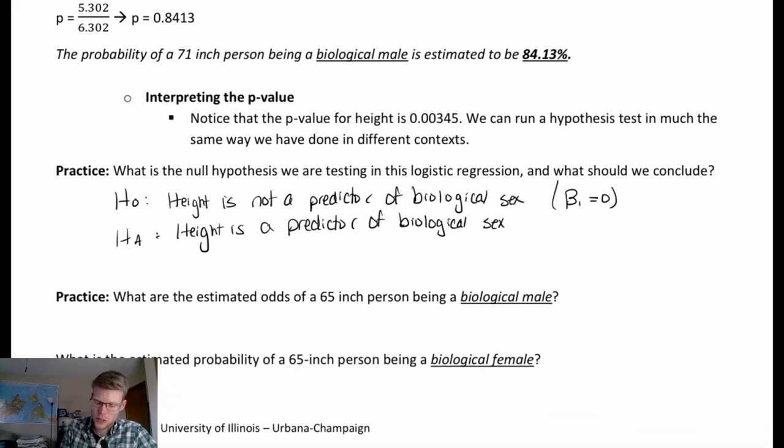Since our p-value is quite low, p-value equals 0.00345, that means that we're very confident that we have something here.